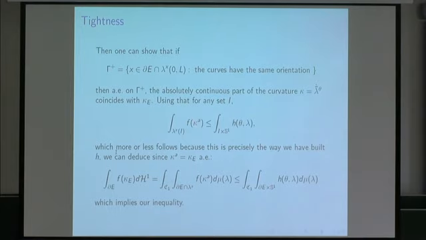And by definition of f and h, we can deduce this inequality, so that the integral of f of kappa A, the absolutely continuous part of kappa, is less than the integral of h of theta and lambda. And since this is the curvature of the C2 set, we find that the integral of the curvature of the C2 set is less than this quantity. And this requires reintegrating on all the lines defining sigma. So this is a small technical part.